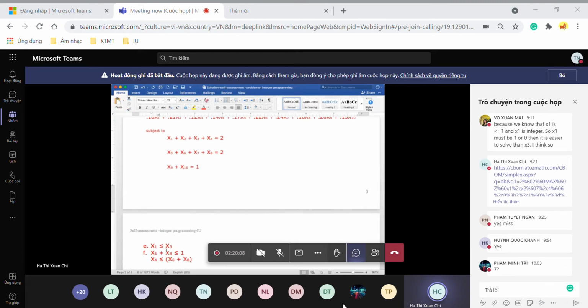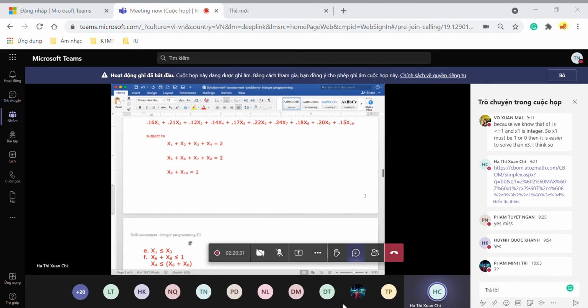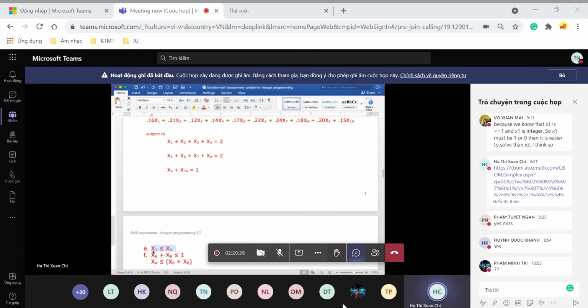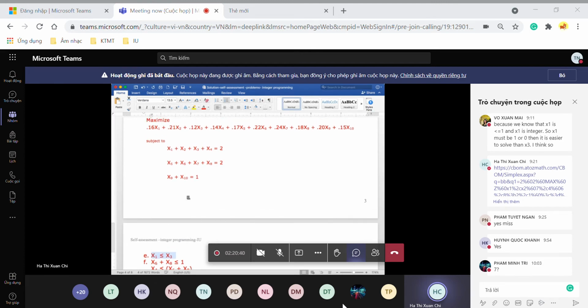So we will have x1 greater than or equal to x3. If x1 equals 1, then x3 must be equal to 1, right? But if x1 equals 0, no, it is not like this. So how can we write that, everyone?